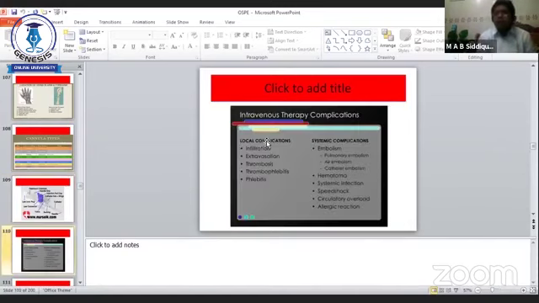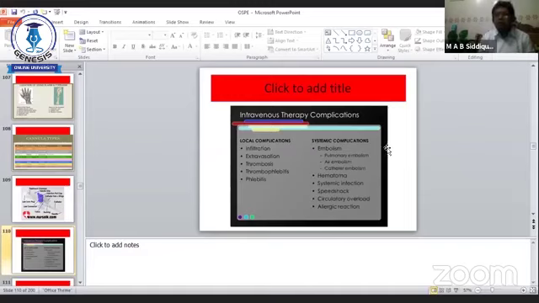So what are the complications? There are many complications of the IV cannula. They may be local or systemic. The local complications may be infiltration, extravasation, thrombosis, thrombophlebitis, and phlebitis. Thrombophlebitis is one of the most common complications of the intravenous cannula.